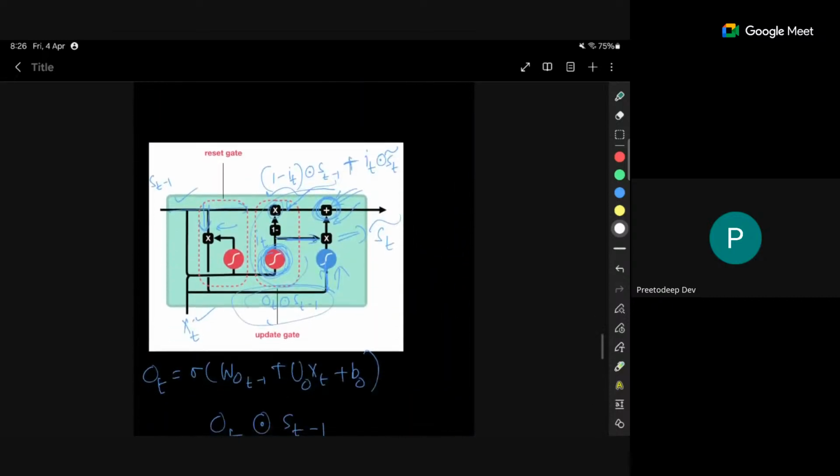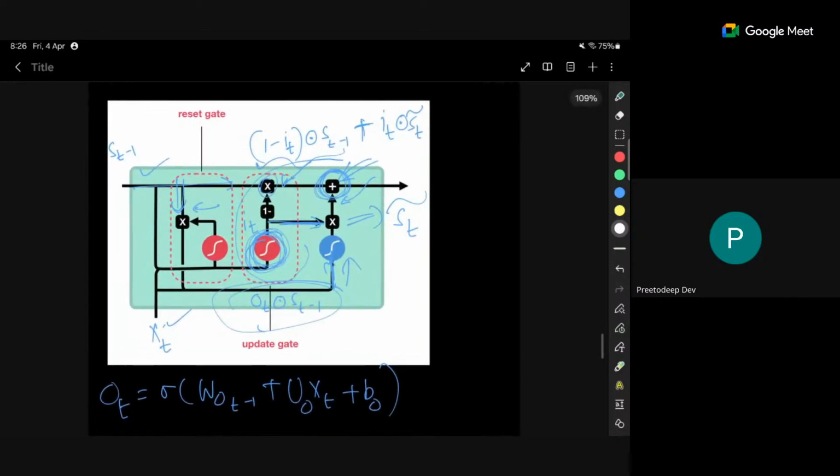Or if you remember this image, there are three sigmoids, and two of them will have U, W, B. This also will have U, W, B, and this guy will have W, B. Will not have U, because, oh no, I think both of them are going here also. So yes, U, W and B for this guy also. So these three kinds of weights are playing into the picture, and they are creating this GRU architecture.